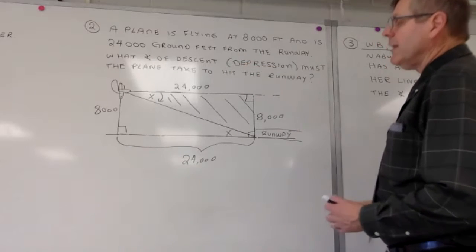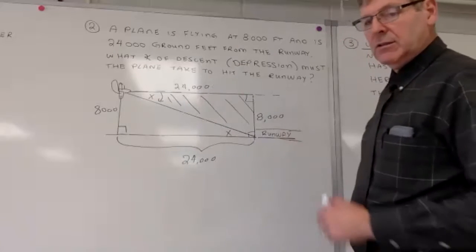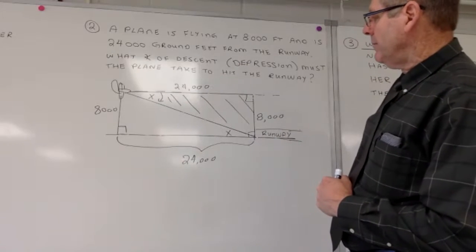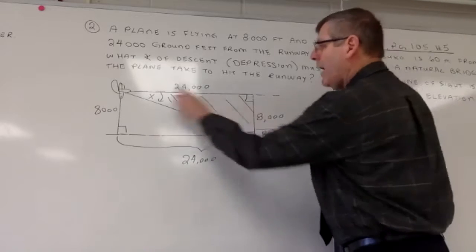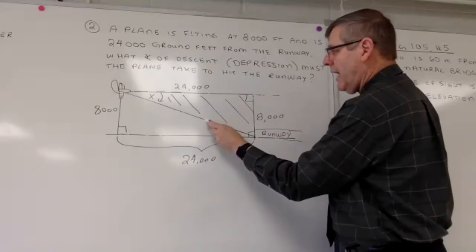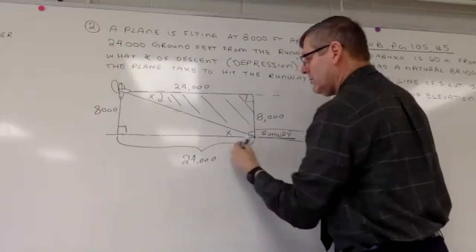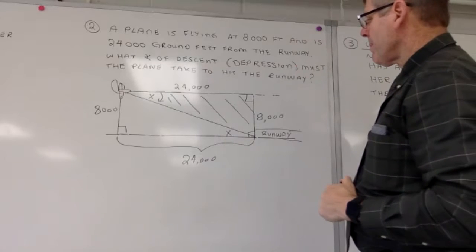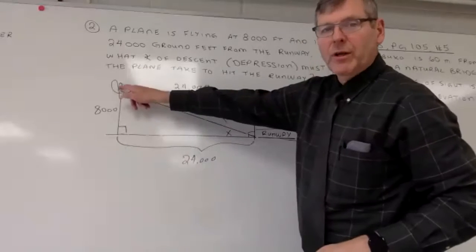So what trig function am I going to use to get X if I know these two sides: sine, cosine, or tangent? Well, which one of these is my hypotenuse? The hypotenuse is always across from the 90. So in this triangle, this is my hypotenuse. Where are we standing? We're in the plane.